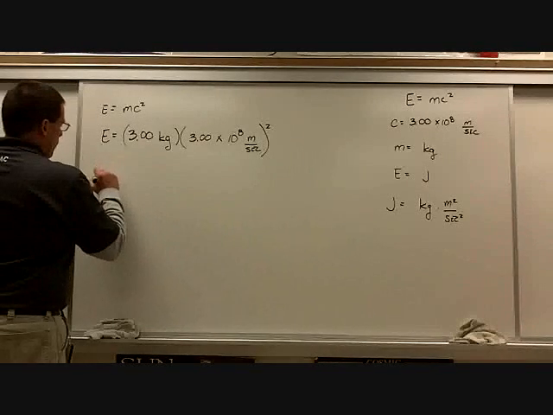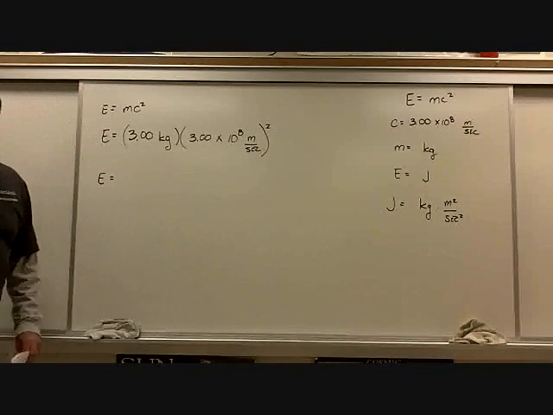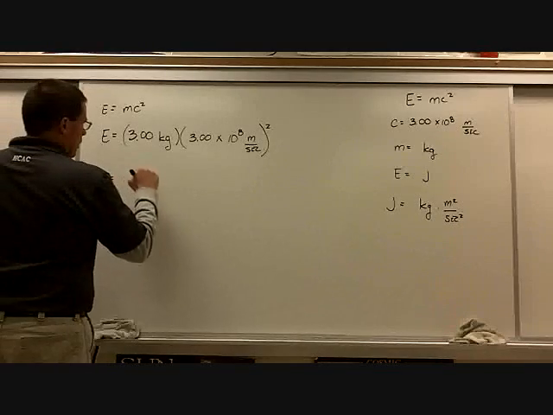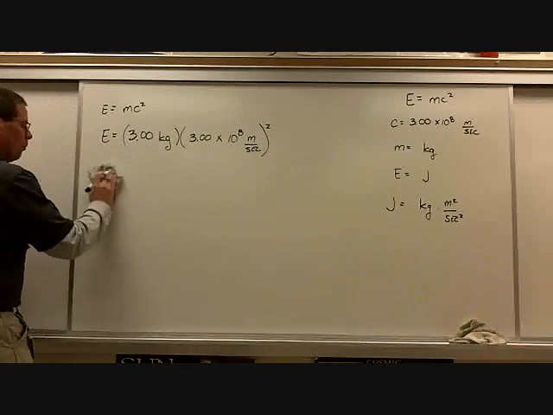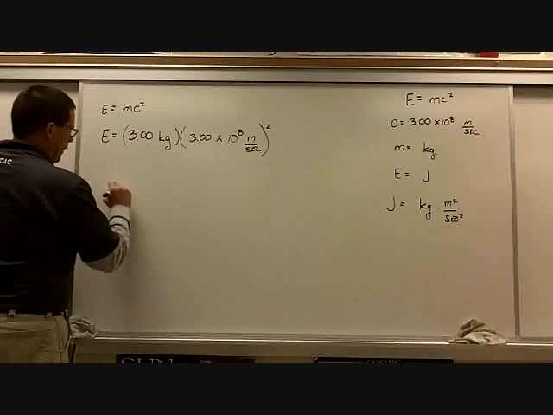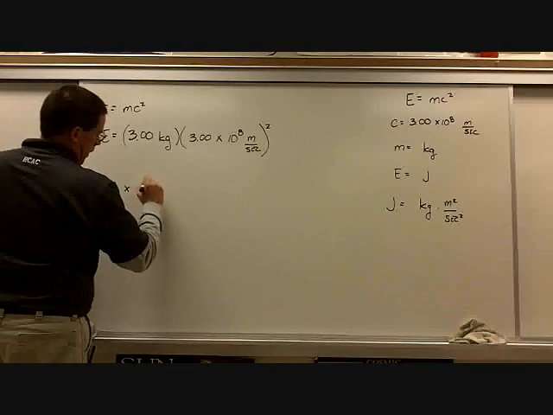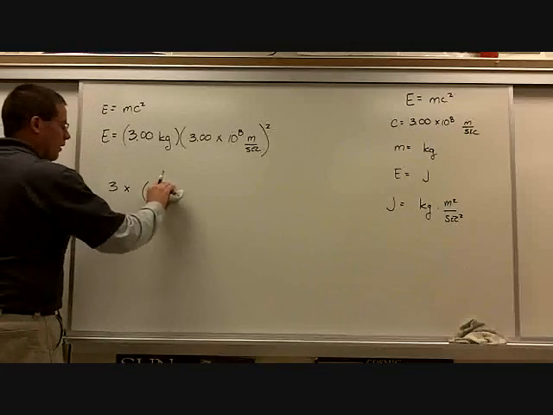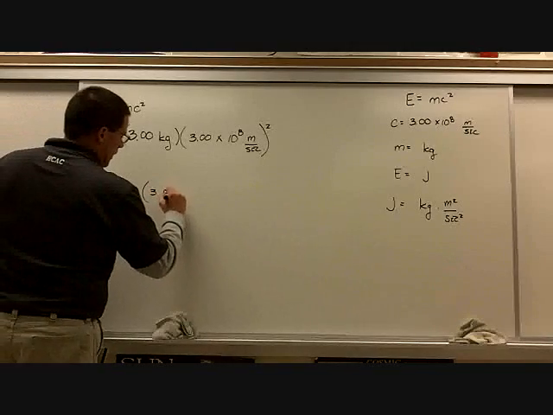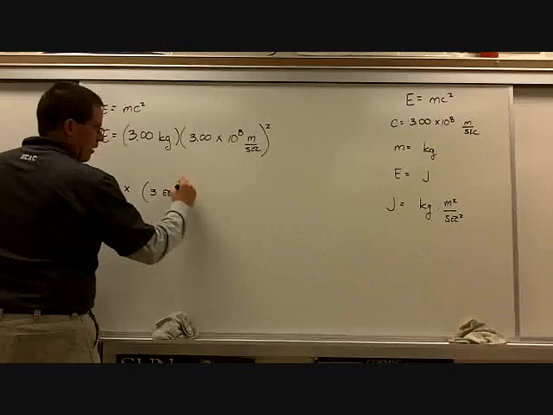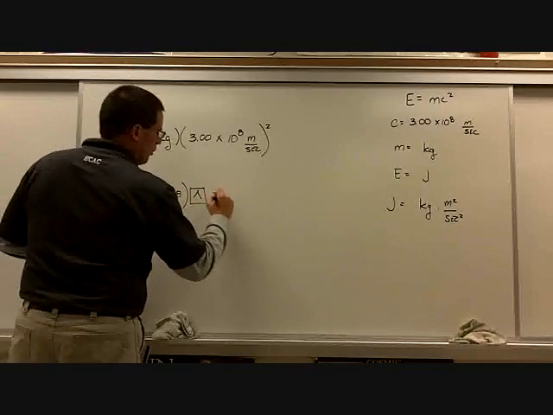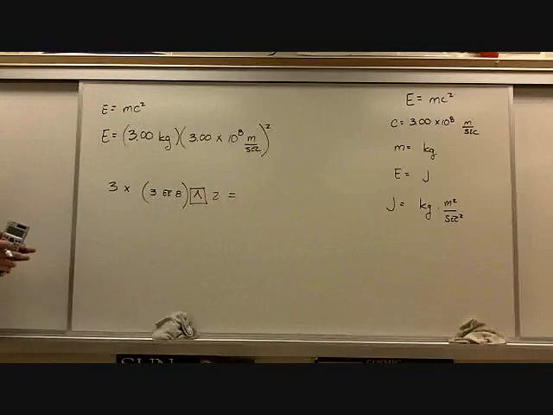So when we multiply this out, we're getting a very favorable unit here. This is how I'll type it in. I won't put the E there yet. It'll be 3 times, in parentheses, 3 EE 8, and then caret 2.